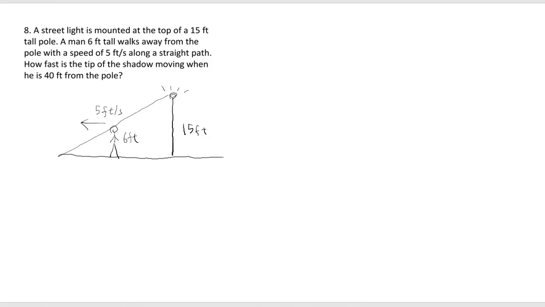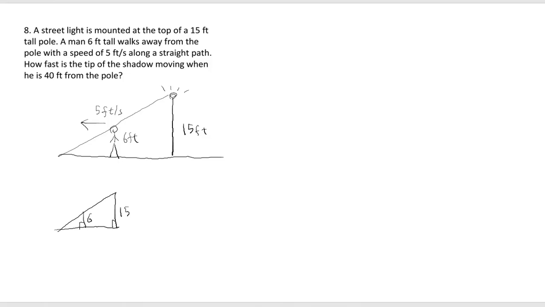Now, the simplified picture of this would be 15 here, and the guy is 6. These two lengths never change as this person walks away from the pole. So you should definitely write these numbers down in the simplified picture. And then we somehow have to express 5 feet per second. That's speed. Speed is a rate of change of some variable.